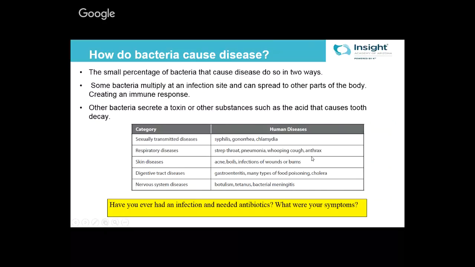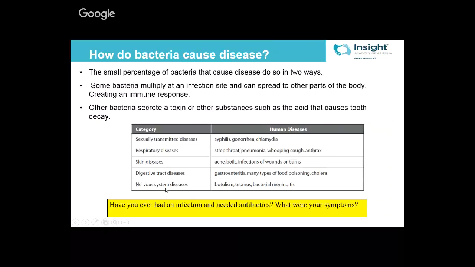We talked a little bit about staphylococcus today. Digestive tract diseases such as gastroenteritis, many types of food poisoning, cholera. Gastroenteritis is inflammation of the lining of your stomach, and it can cause you to throw up and not feel well. Food poisoning can do the same thing.